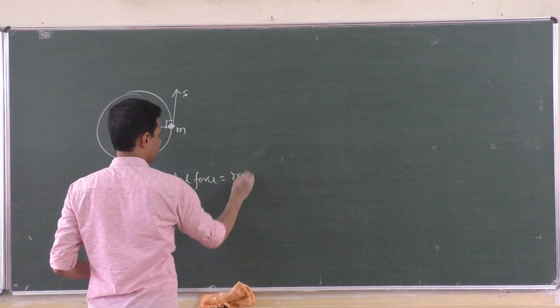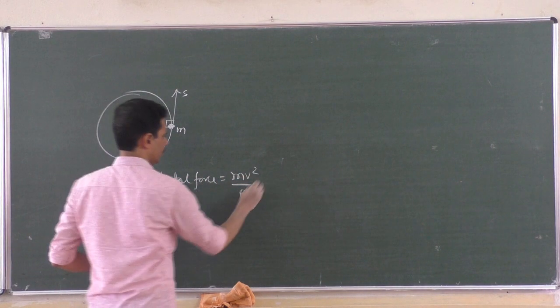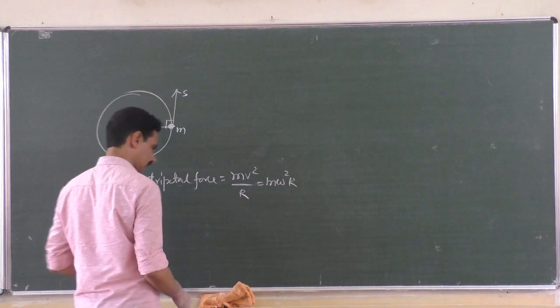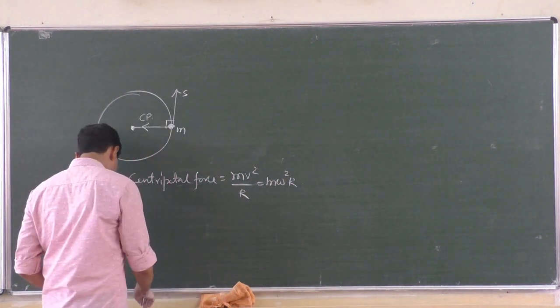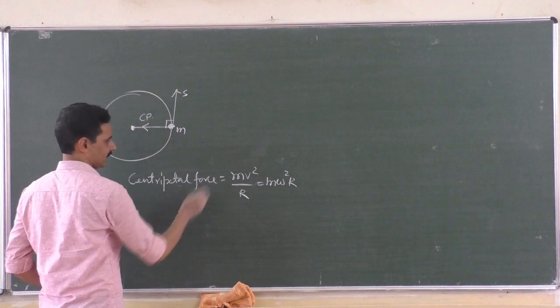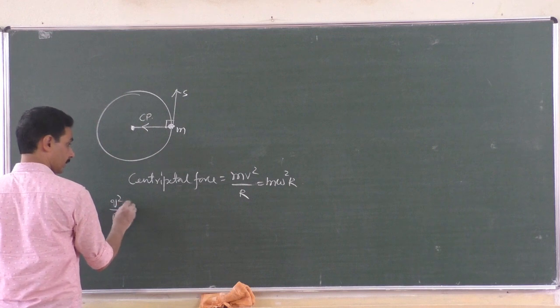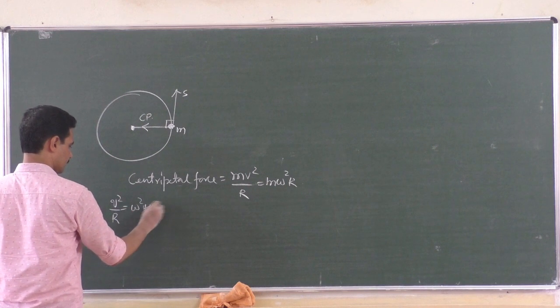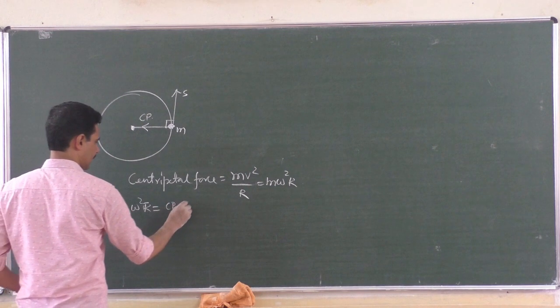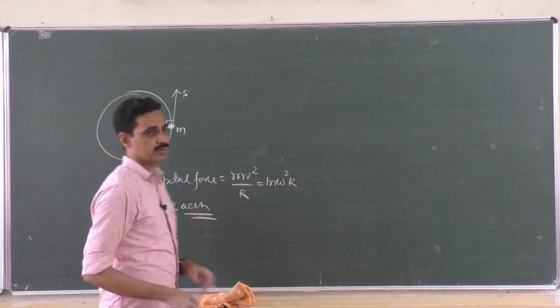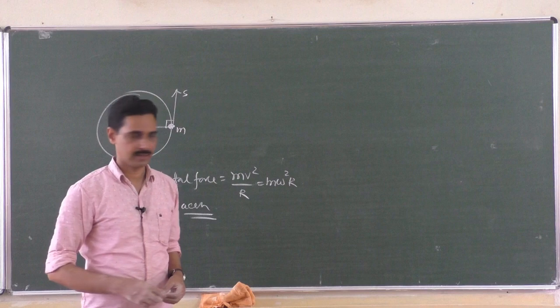It is equal to m v squared by r, which is equal to m omega squared r. You know this formula. v squared by r is centripetal acceleration, omega squared r is centripetal acceleration, right? And m v squared by r, m omega squared r is the centripetal force.